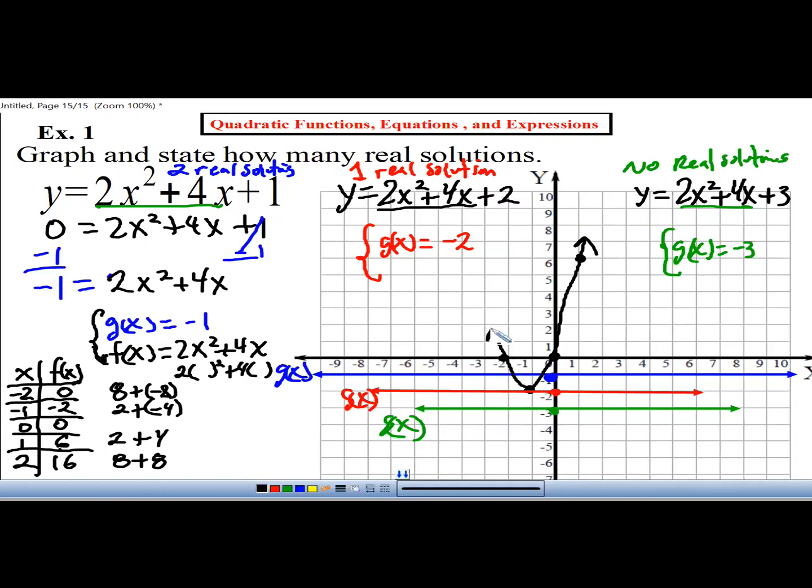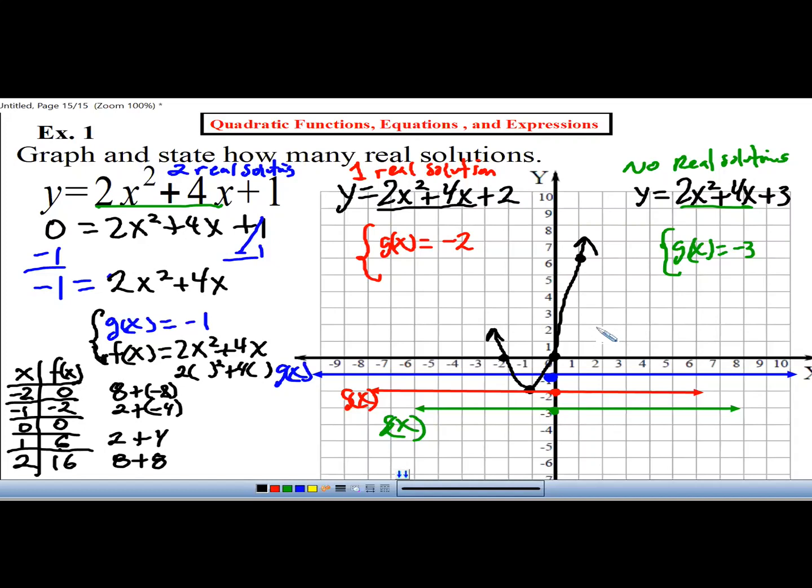How do we know? Look, the black one and the blue one had two solutions. The black one and the red one had one solution. The black one and the green one had no real solutions. How can we say that? How would we determine if it has real solutions? Help her out, Hayden.